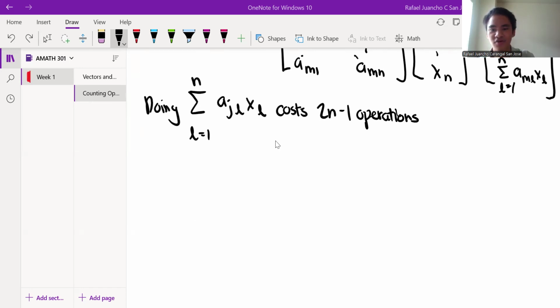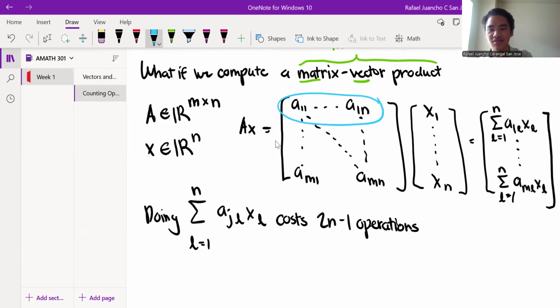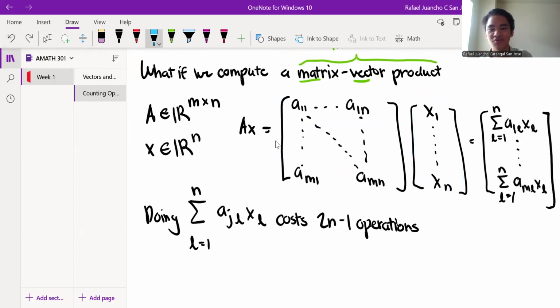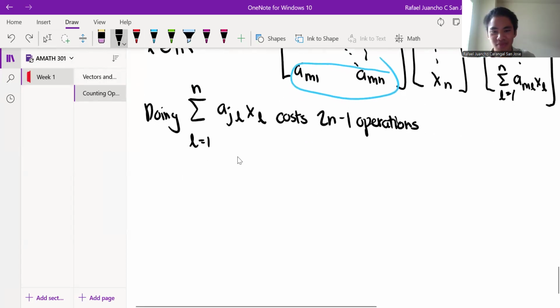Now, what if we want to find the number of operations when we do this, then this, this, then this, this, then this, right? So how many times are we doing those 2n minus 1 operations? Well, if we did it here, we're doing it 1 time. We did it here, we're doing it 2 times. We keep going. We did it here, we did it 3 times. Let's say the matrix is only 4. But if we do it all the way here, we do it m times. M as in minion.